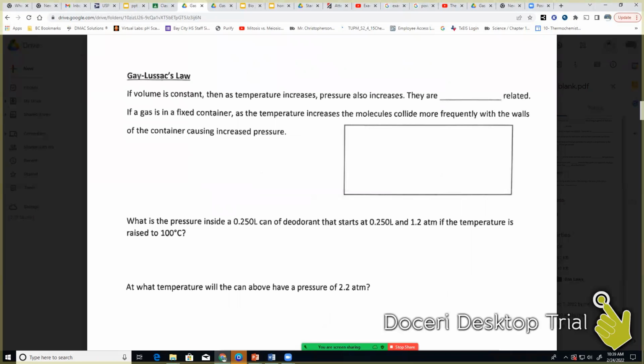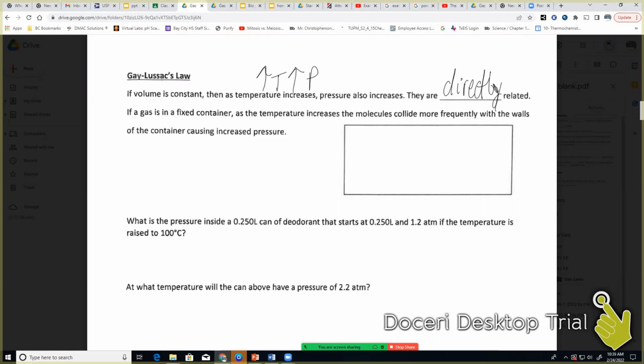All right. So Gay-Lussac looks at the relationship between pressure and temperature, and those two are directly related, which means if I increase my temperature, my pressure is also going to increase. The reason is that temperature is a measurement of kinetic energy.